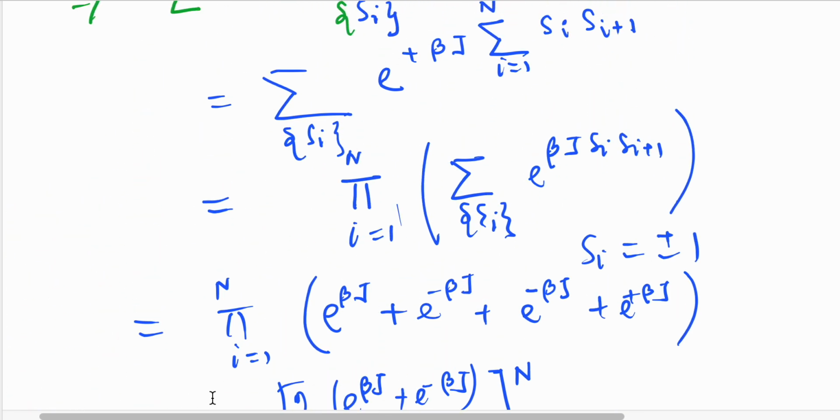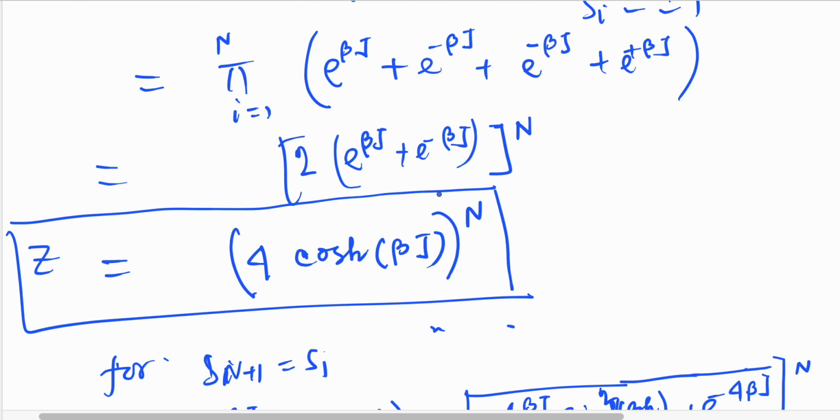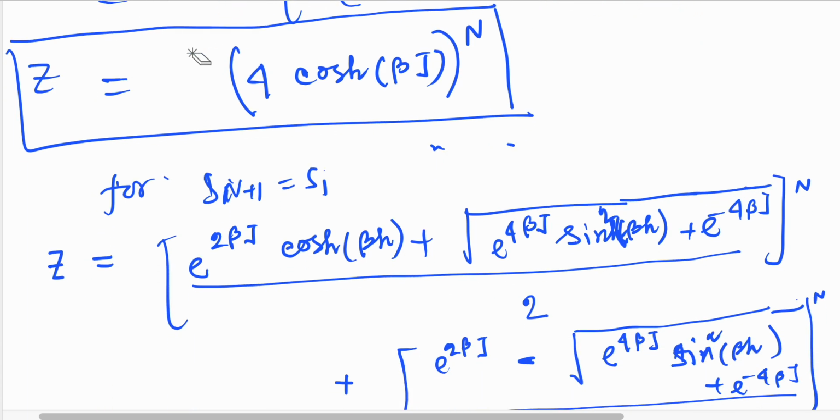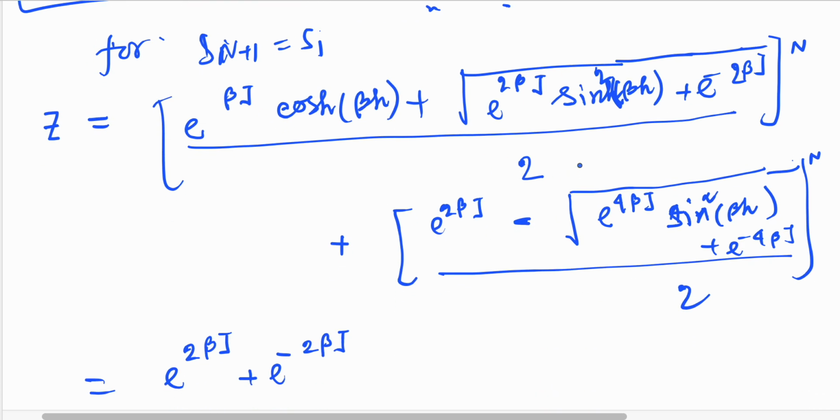These two factors should not be there, so this is basically 2 beta j, this will be 2 beta j, this is beta j, this is 2 beta j.